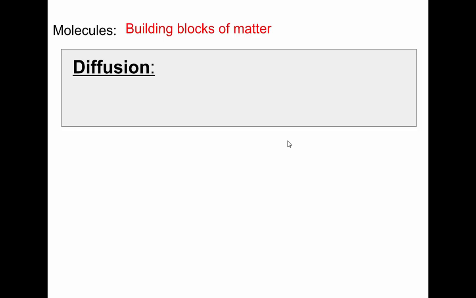Molecules are what all matter is built out of. So when we dissolve something, we're basically breaking it down into single individual molecules of that substance. And molecules have certain behaviors that they naturally follow.